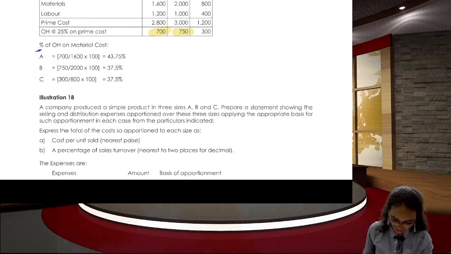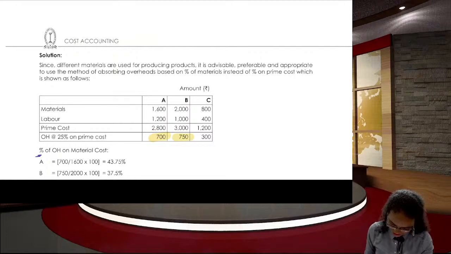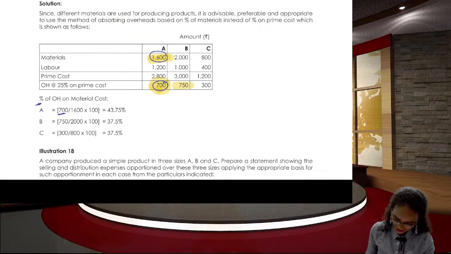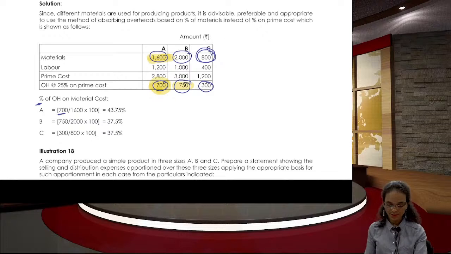How? 700 rupees, if it is taken on the basis of direct material, how much will we get? 700 as a percentage of direct material 1600, 750 as a percentage of direct material 2000, 300 as a percentage of direct material 800.